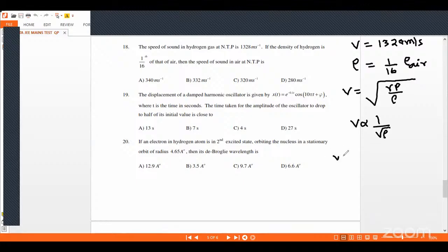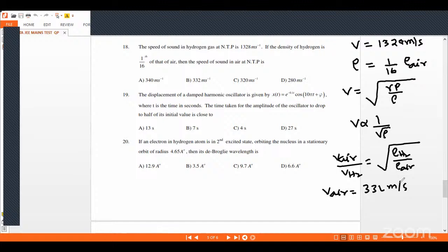So speed of air by speed of hydrogen equals density of hydrogen by density of air. Upon calculation, we'll get speed of air as 332 meter per second. That is option B.